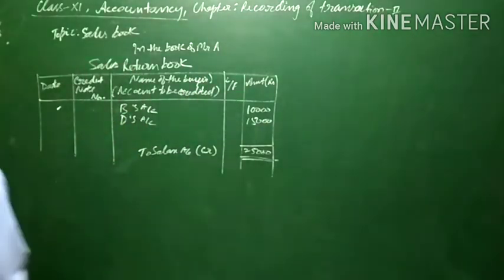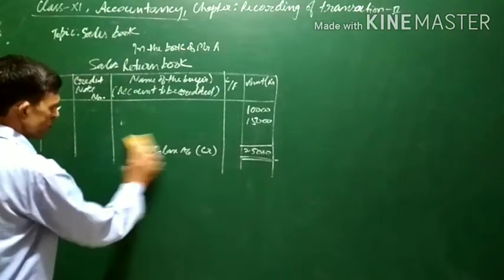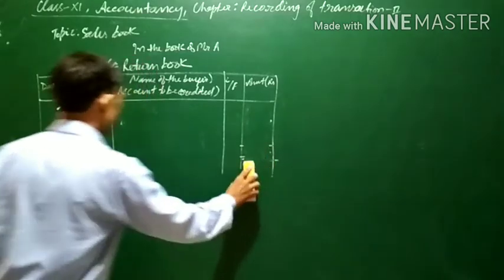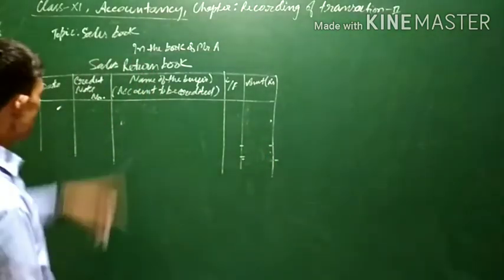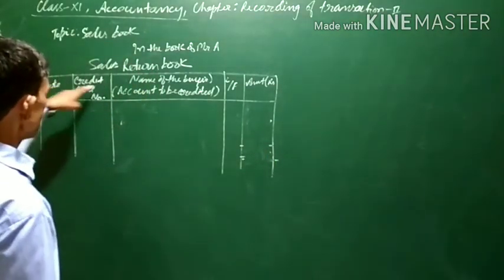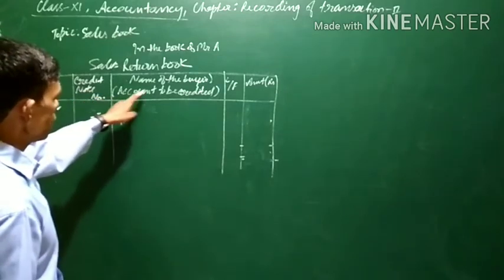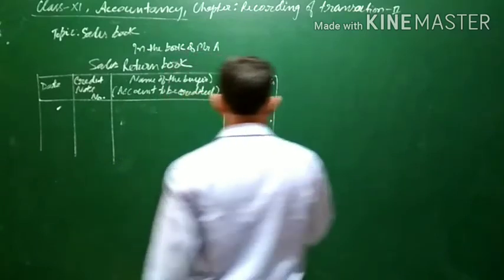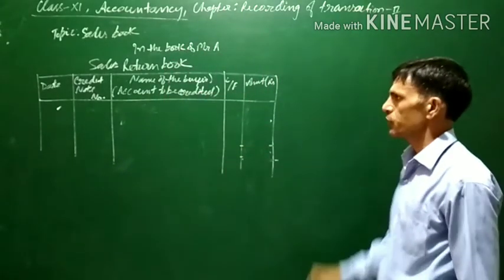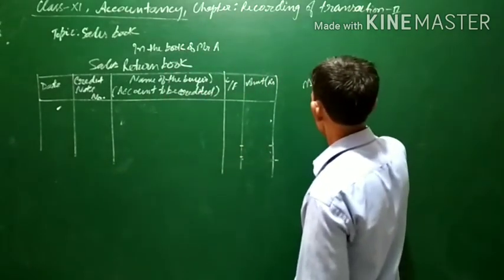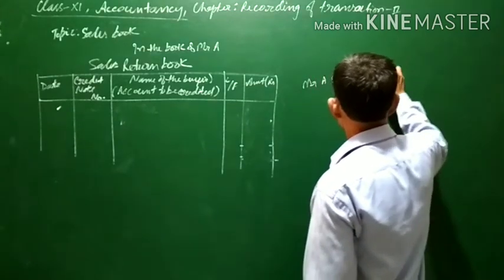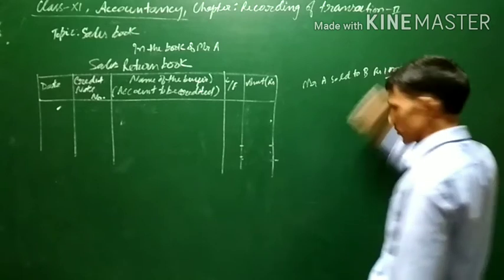Now let us see how this is done. This is the only difference: in case of the sales return book, instead of voucher number, credit note number will be there. Instead of account to be debited, it will be account to be credited. Why? Let us see. Suppose in the previous example, Mr. A sold to B goods worth rupees 10,000.